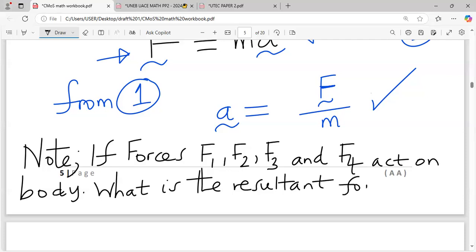What is the resultant force on the body?